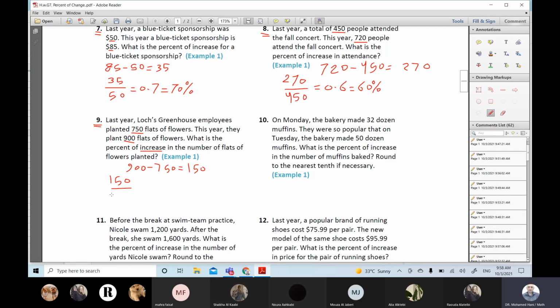Great. So the answer will be 0.2. So means we have 20%.